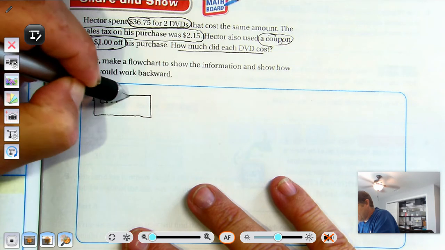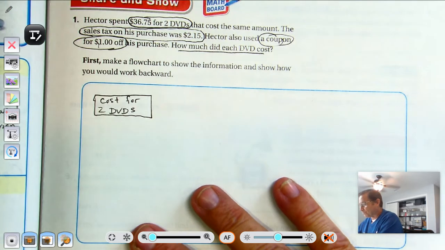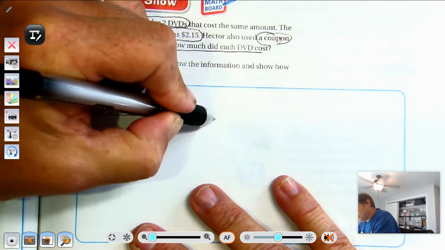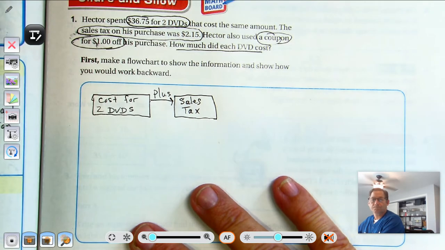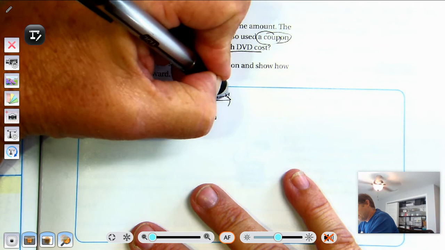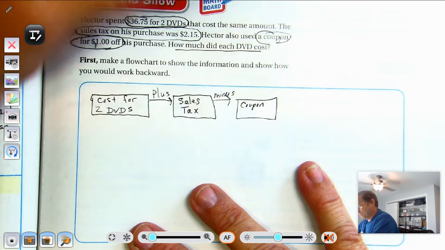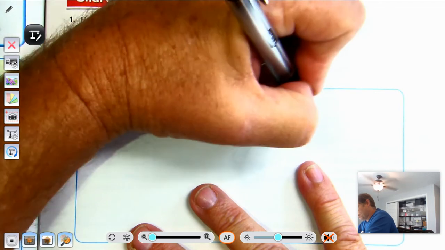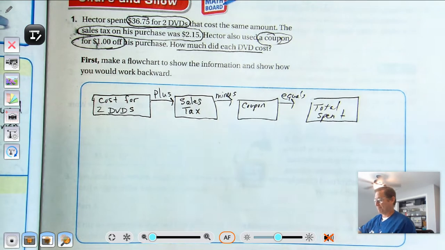So the cost for 2 DVDs plus the sales tax minus the coupon will equal the total spent.